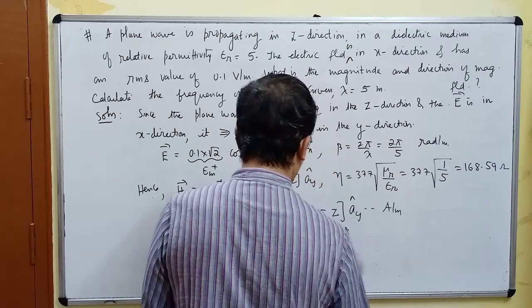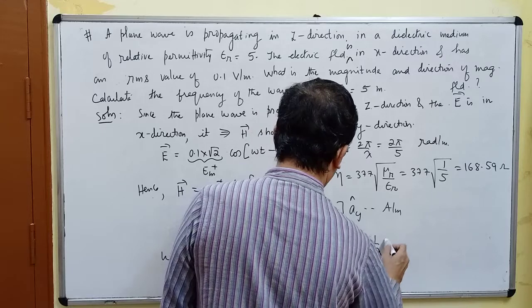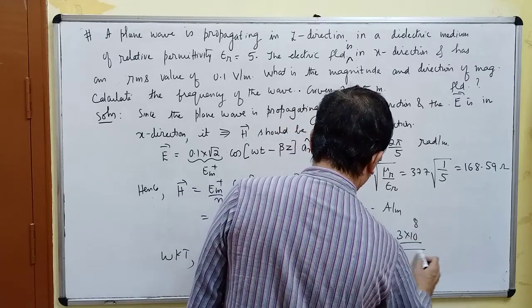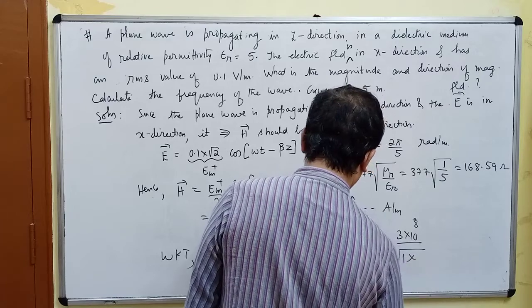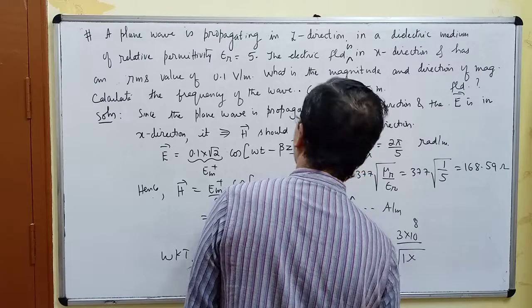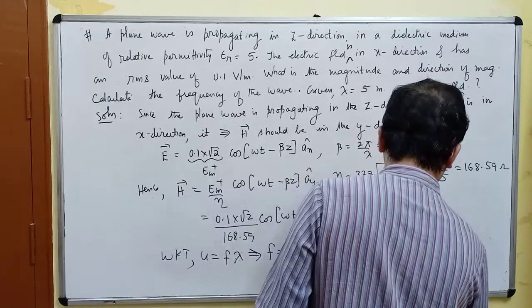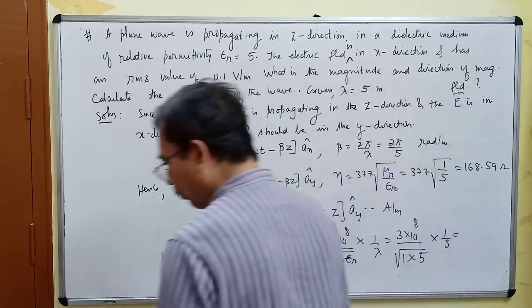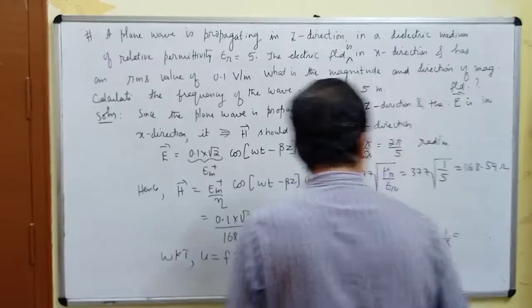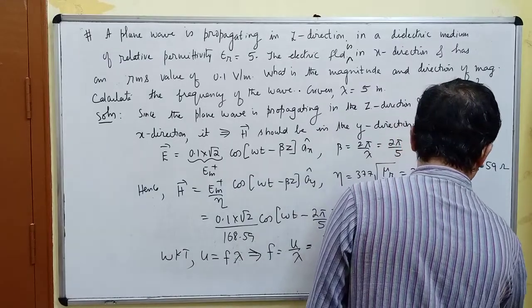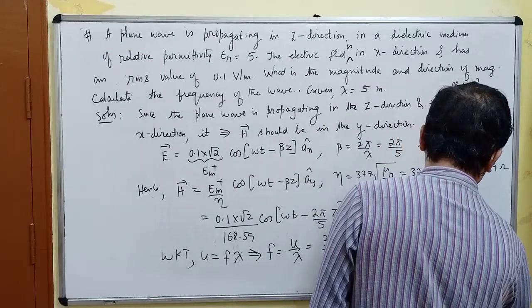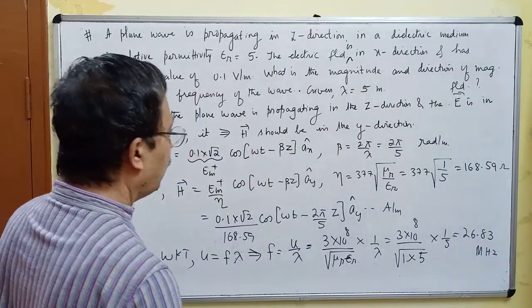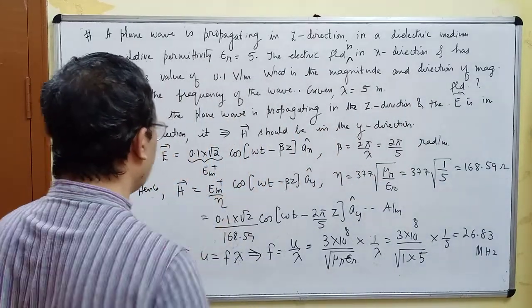So 3 into 10 to the power 8, mu r is 1, epsilon r is given as 5 and lambda is 5. So if you calculate, F works out to be 26.83 megahertz.